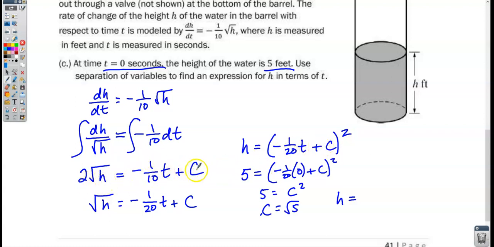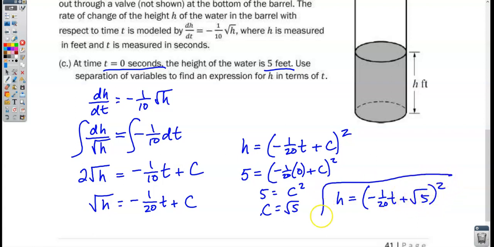This is going to be a different constant. If I had put the initial condition in there and solved for c, I would have gotten a different constant. All right, so now we're putting this back in, negative 1/20th t plus the square root of 5, quantity squared. And there is my solution, my expression for h in terms of t.